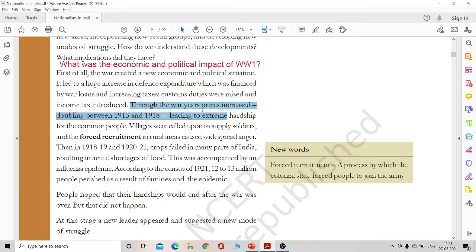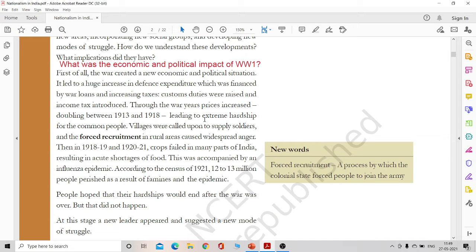At the beginning, when the war was about to begin and the politics was brewing, we see that prices rose in double figures, and it led to extreme hardship for the common people. So this was the economic impact of World War One.